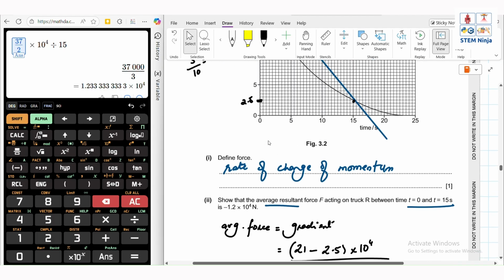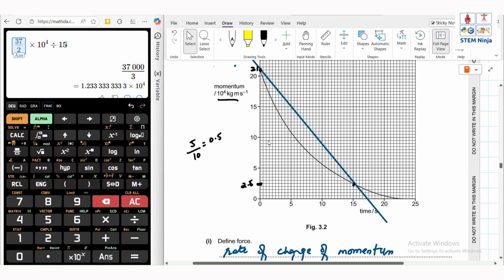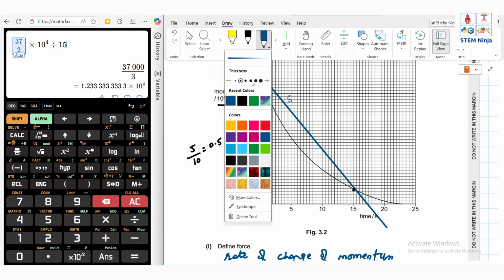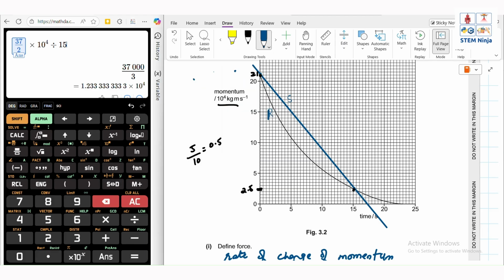But on the R, it was a non-linear force. So basically, what's happening over here, let's say this is for R, and this is now S. So the total change in momentum would be the same, right?